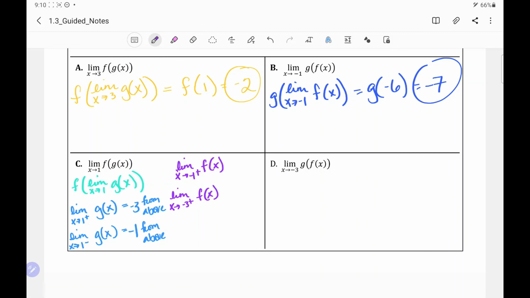So what am I doing? Where did I get this information? This is my -3, this is my -1. From above, right is positive, so we're coming from the right now.